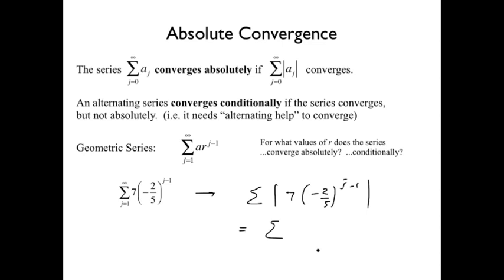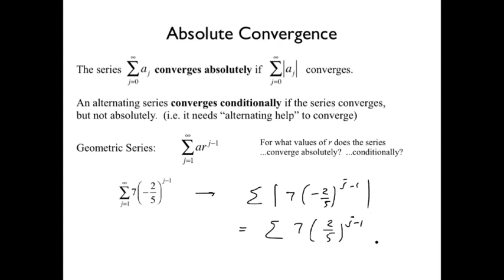And what if we were to put absolute value bars or make all the terms positive? That's basically what we're saying. If we made all the terms positive, we'd have what series? 7 times positive 2/5 to the j minus 1. So does this one converge or diverge?